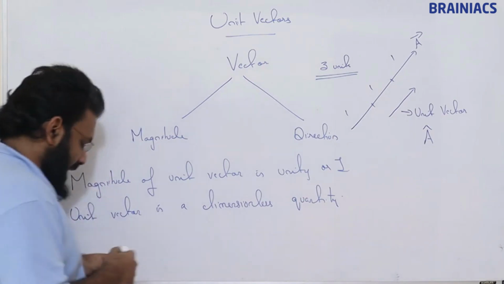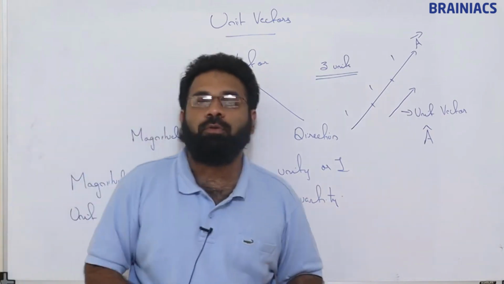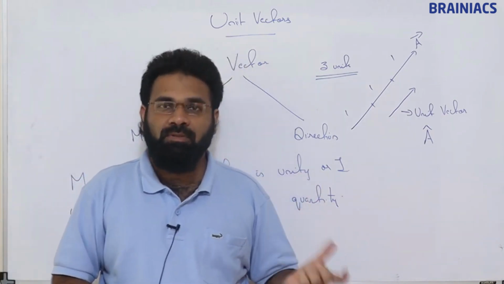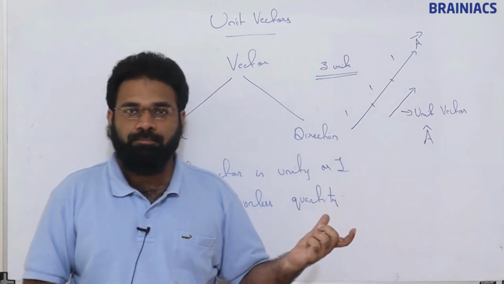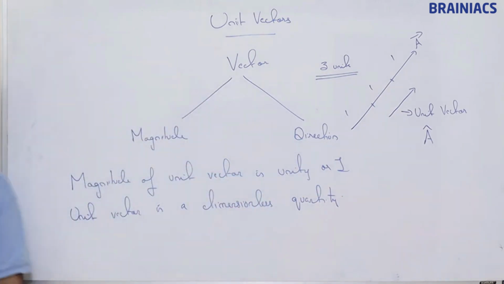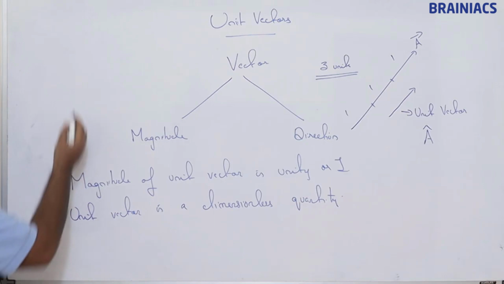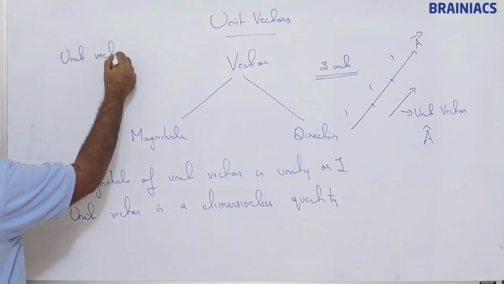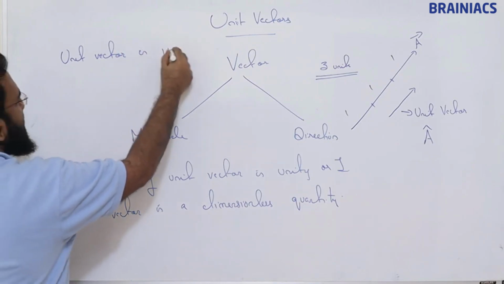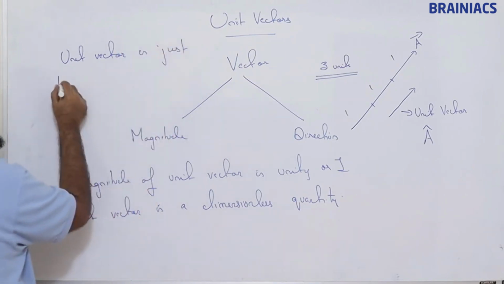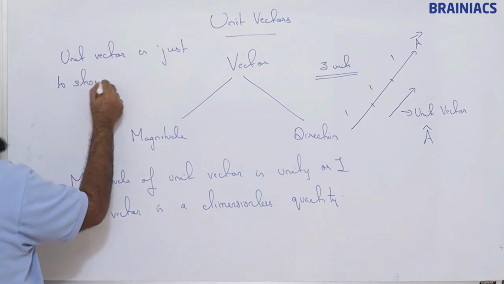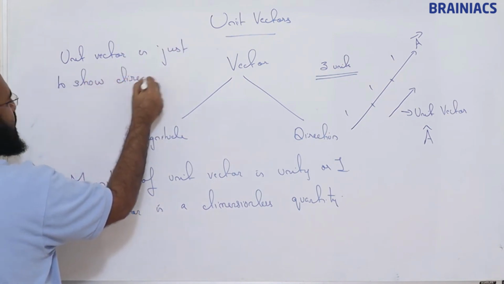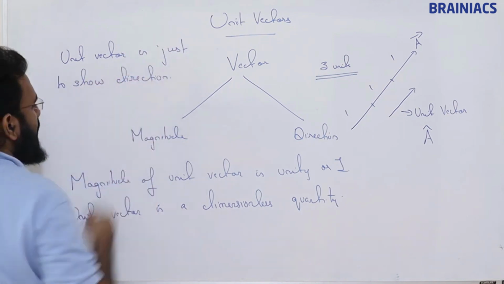It doesn't have any dimension or any unit. Its purpose is just to show the direction. Okay, note it down. A unit vector is just to show direction.